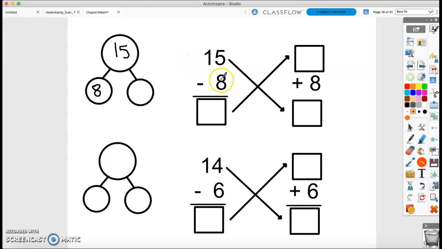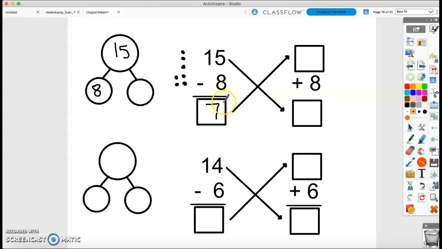Okay, so I can say 8 and count up to 15. 8, 9, 10, 11, 12, 13, 14, 15. So I know that I have 15 total, and I have 5, 6, 7. So 15 minus 8 is 7.